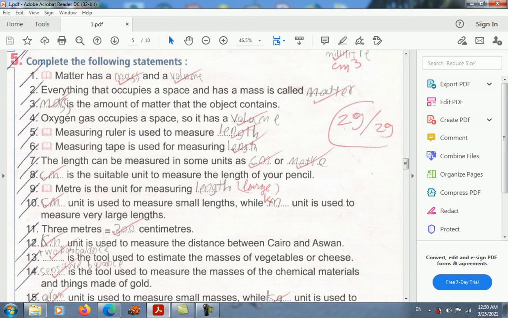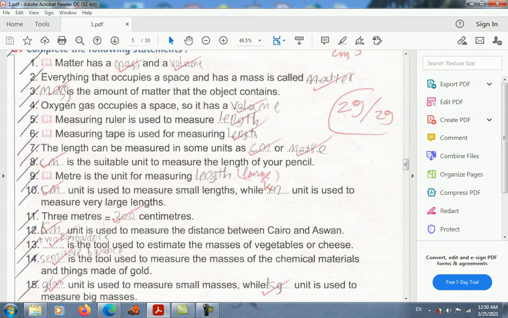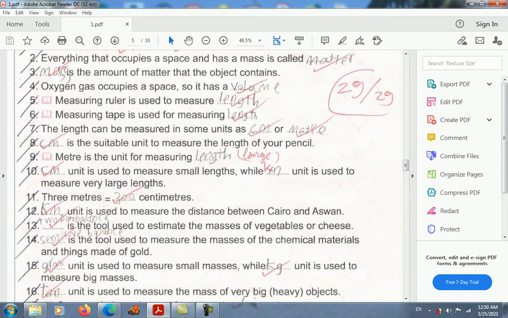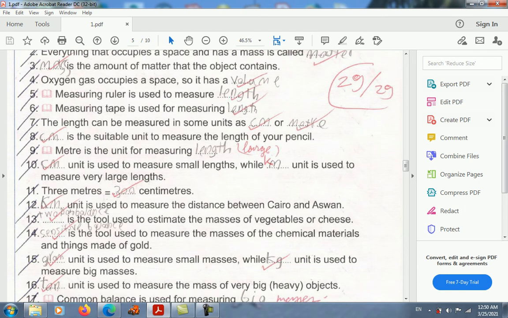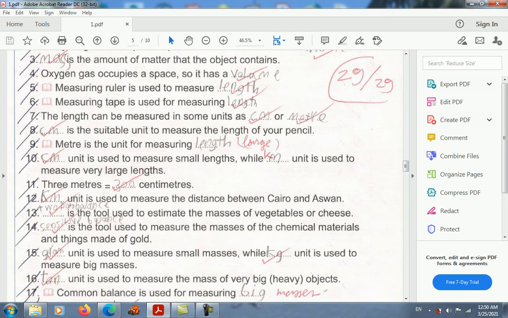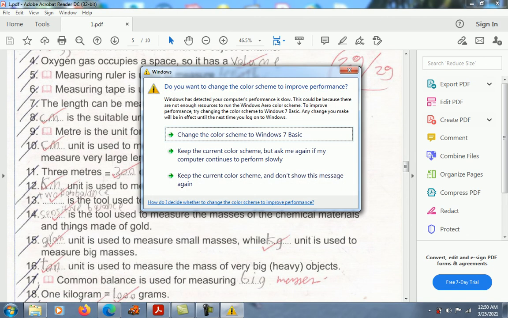Now, number 5. Complete the following statements. 1. Matter has a mass and a volume. 2. Everything that occupies a space and has a mass is called matter. 3. Mass is the amount of matter that the object contains. 4.